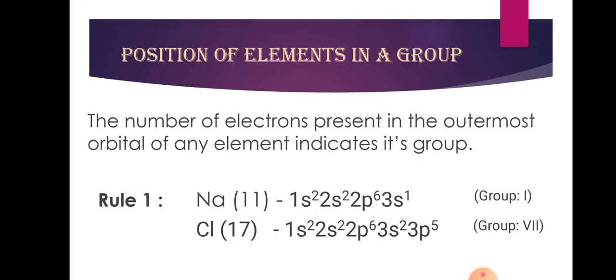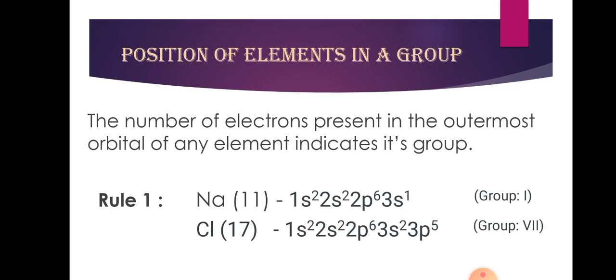Now, I would like to discuss the second application of electronic configuration. We can also determine the position of elements in a group of the periodic table by using electronic configuration. Elements are arranged in a periodic table vertically in a group and horizontally in a period depending on the electronic configuration of that element.